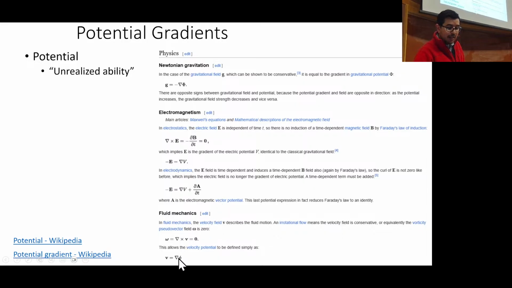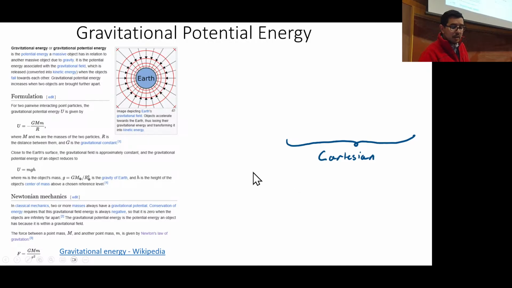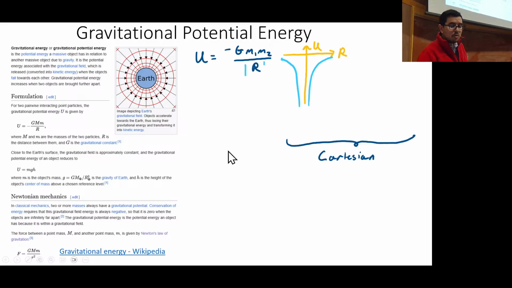In fluid mechanics, you can think of a velocity potential that, if you take the gradient of it, will give you velocity. Here, you can think of a potential energy function, and as the distance r gets smaller, it's in the denominator, which means you're going to have these crazy slopes develop as the distance becomes small.